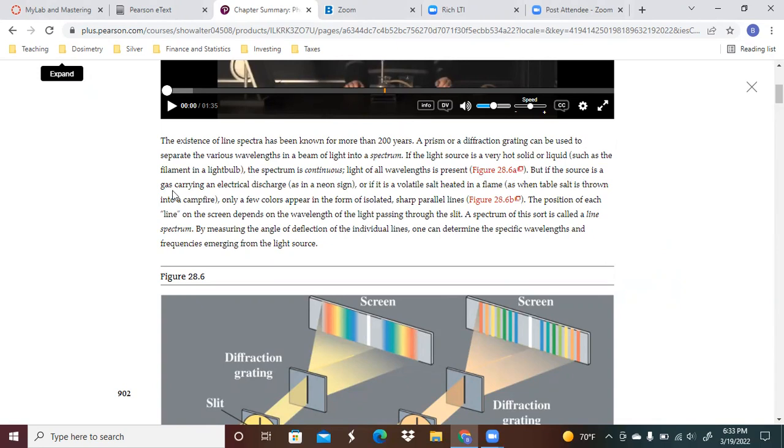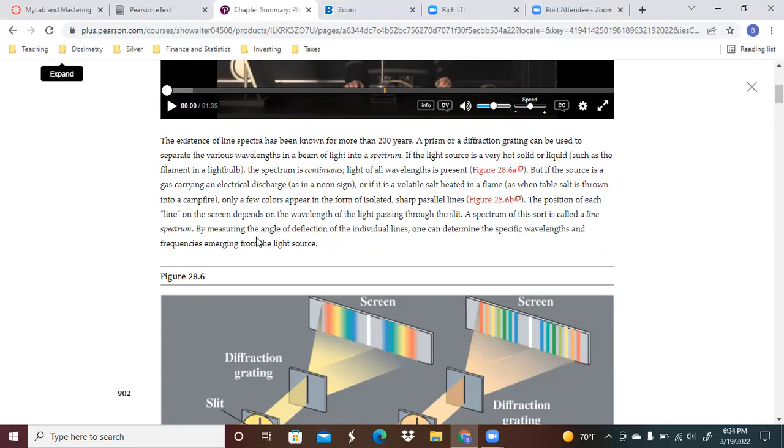But if the source is a gas carrying an electric discharge, like neon, or a volatile salt heated in a flame, as when table salt is thrown into a campfire, only a few colors appear in the form of isolated, sharp, parallel lines. The position of each line on the screen depends on the wavelength of light passing through the slit. A spectrum of this sort is called a line spectrum.